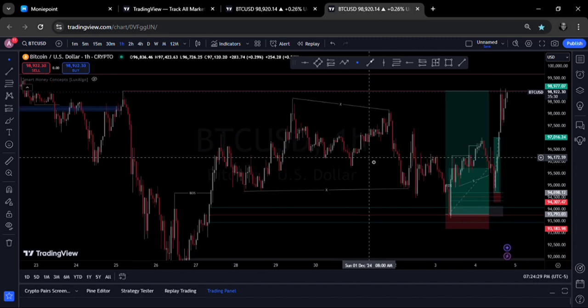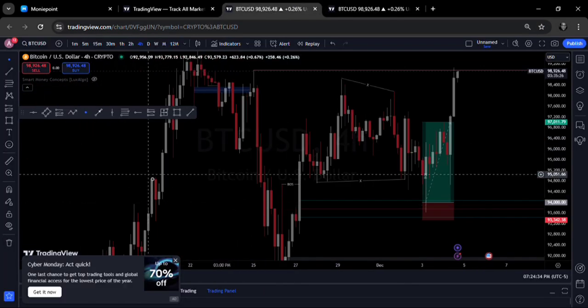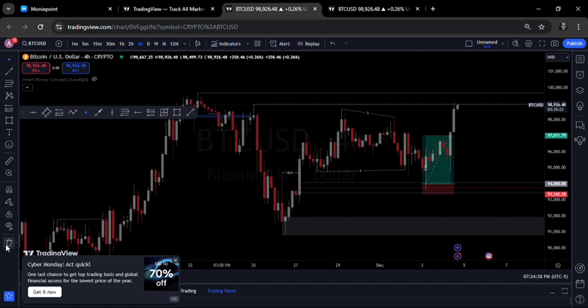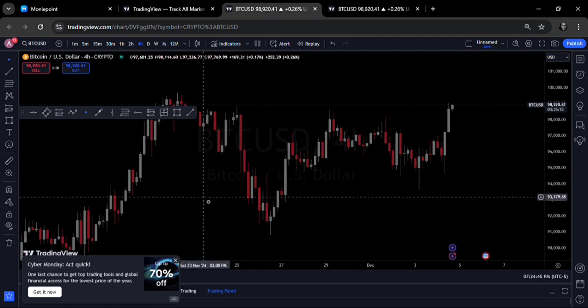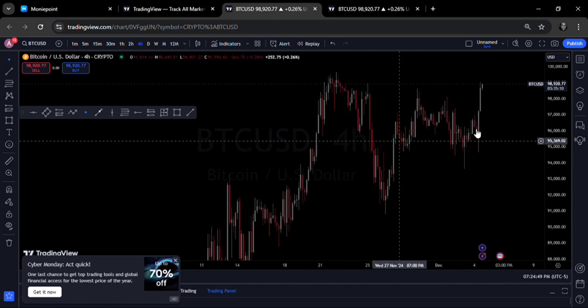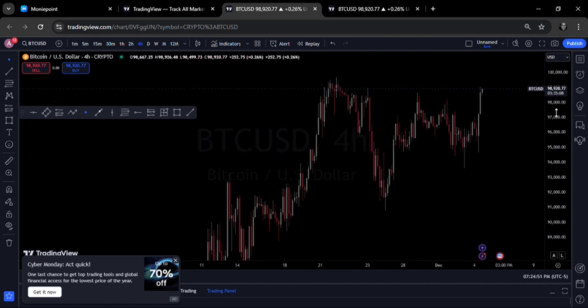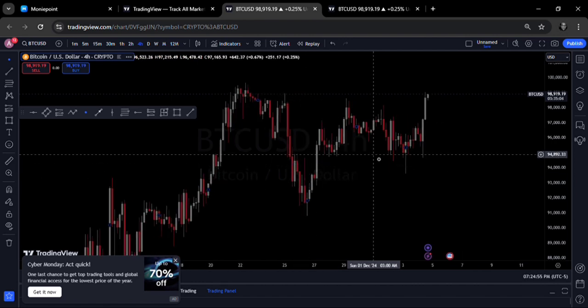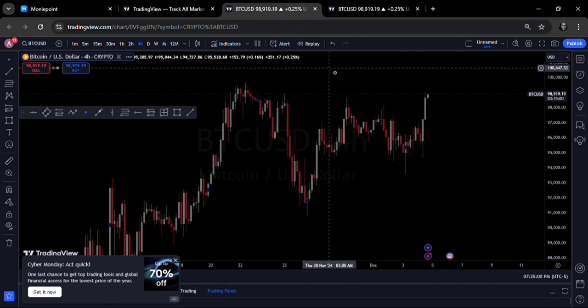So let's start. Let me use this chart and I will make it empty and start afresh. Delete on drawing. Alright, let's go guys. This is the chart of BTC, the chart of Bitcoin, and if you know what Bitcoin is doing lately, it's making an uptrend.